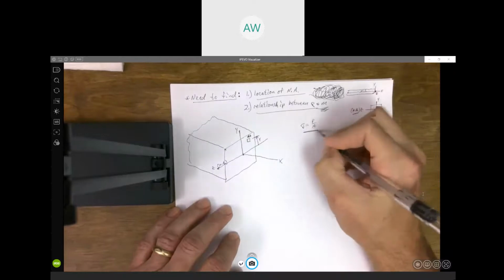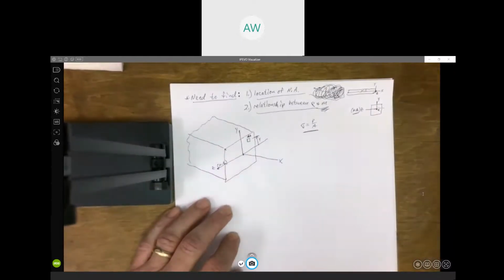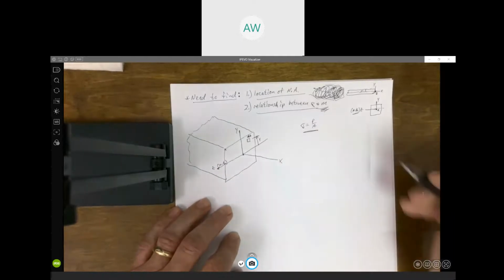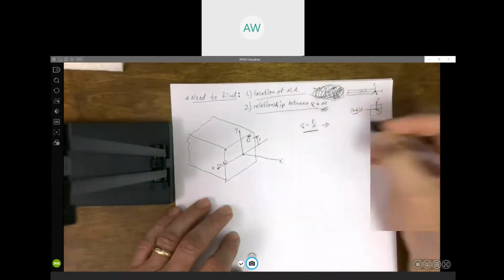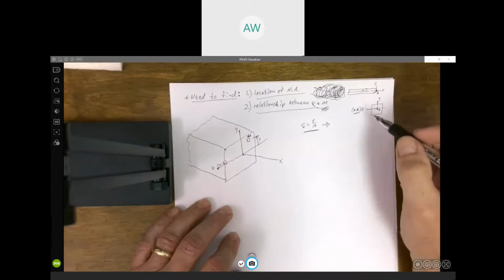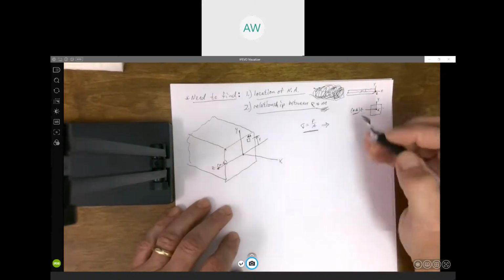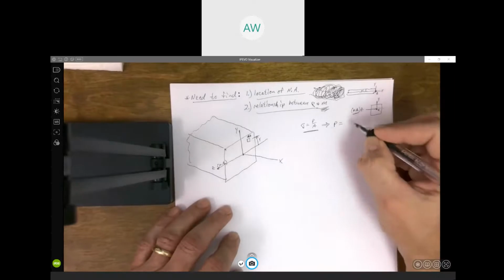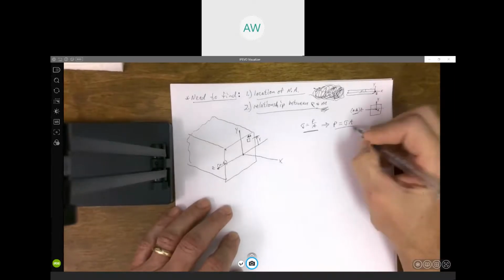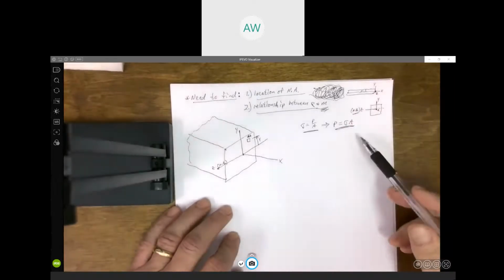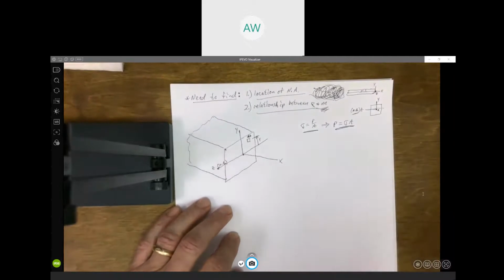We defined normal stress as P over A, where P was the normal force perpendicular to the surface, divided by the cross-sectional area. One thing we didn't really discuss then was that if the normal stress is P over A, you can get the force by taking the stress and multiplying times the area that stress acts over.